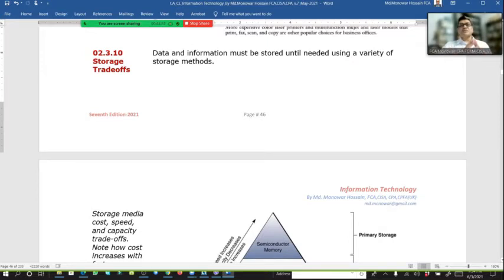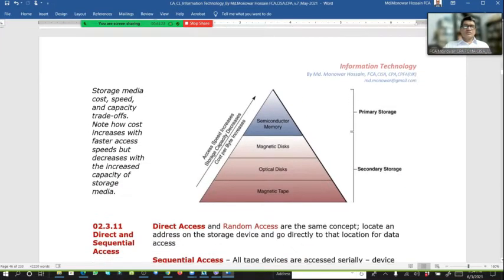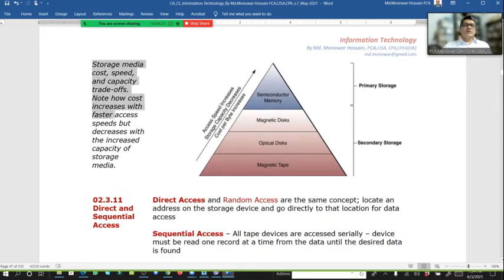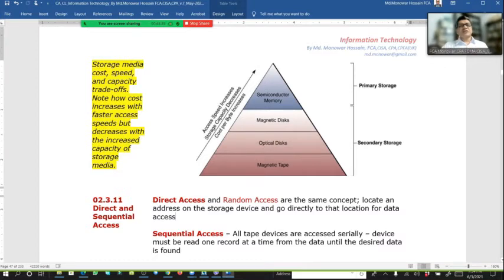Storage trade-offs: data and information must be stored until needed, using a variety of storage methods. Here, storage media involve cost, speed, and capacity trade-offs. Speed is faster, but the capacity of the storage media increases. Here we see primary storage and secondary storage.